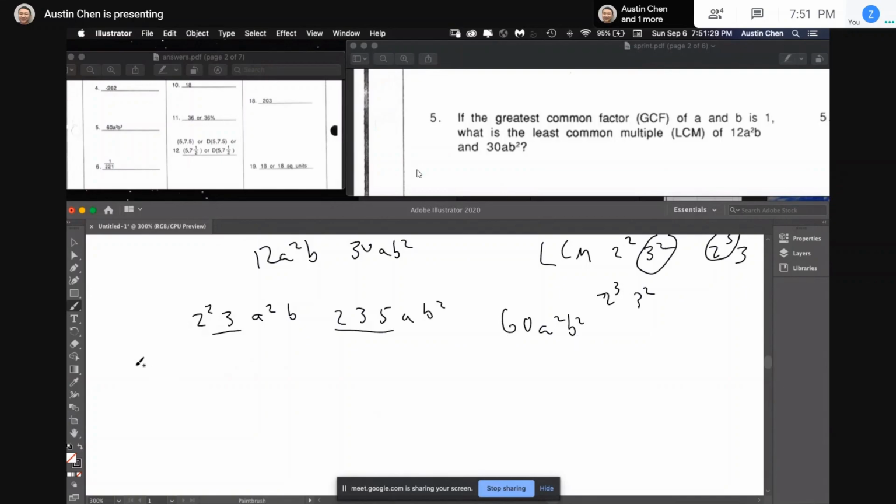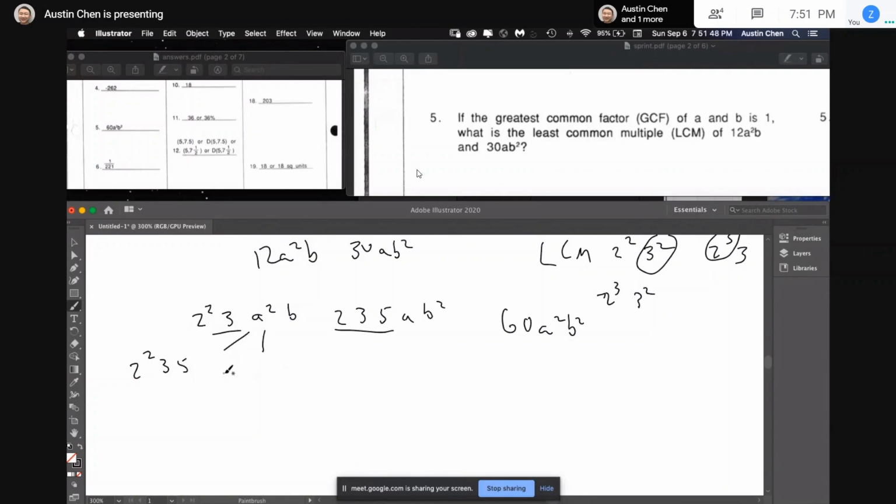Why? Because you're going to have 2 squared, 3, and 5 from this, and we know A and B don't have any of these, right? And we know that they are relatively prime to each other, so they're going to contain some primes.